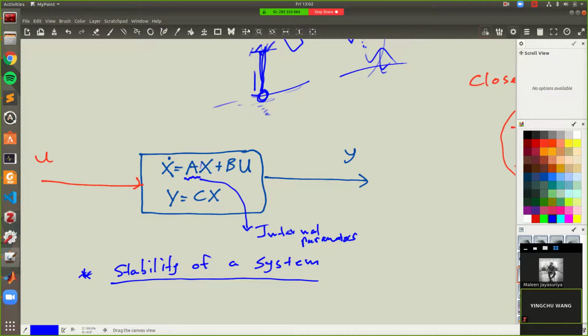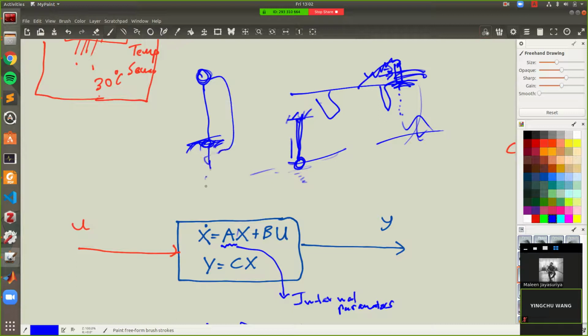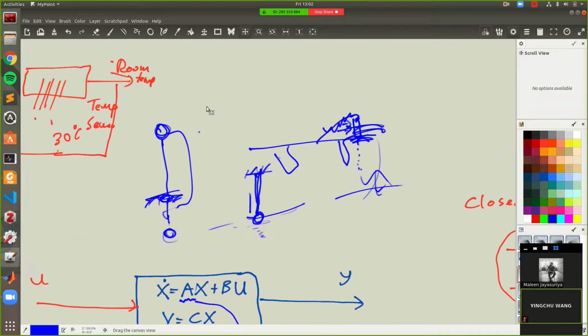But if you had the pendulum stuck like this, that's not in a very stable position. Actually, sorry, that's a wrong example. This will eventually come to some sort of stability. But there are some systems where it can't come to any stable equilibrium.